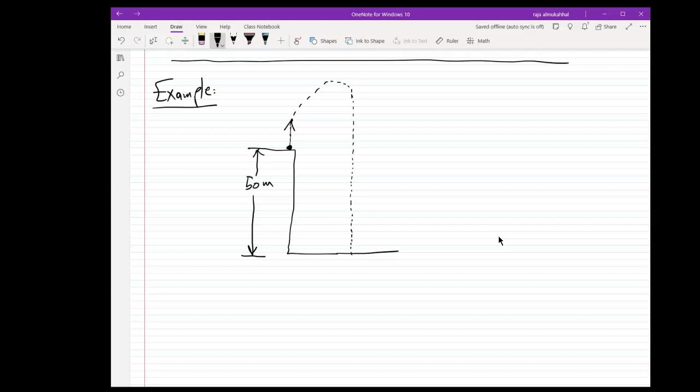And the initial velocity of the object, the moment I projected it or shot it up, is say 20 meters per second. And there are 5 questions. A, at what time does the object reach the maximum height?